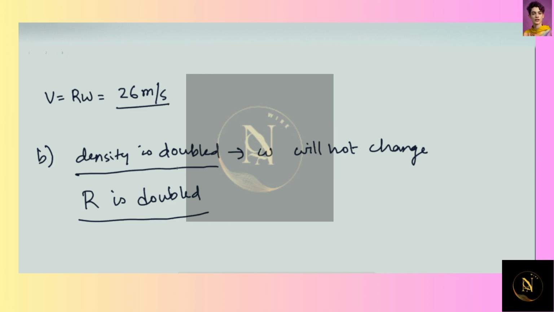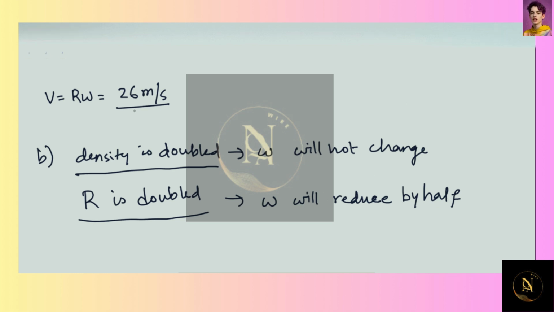So if omega is proportional to 1 over r, then doubling the diameter will reduce omega by half.